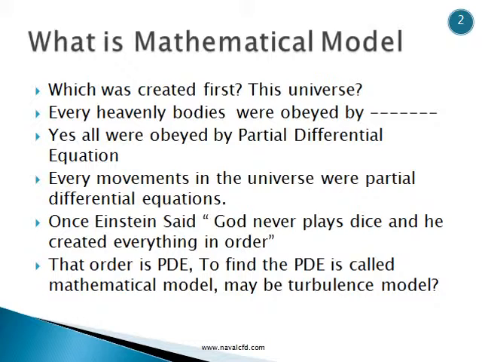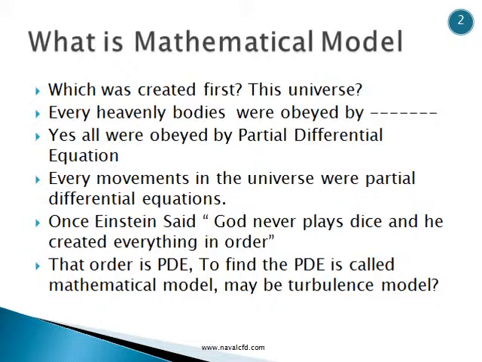To find the proper PDE is called a mathematical model. Take turbulence, for example. Actually, we have never learned completely the exact phenomenon of turbulence, how to codify it as a PDE. But still, we are able to solve around 80 or 90% of phenomena by solving some partial differential equations. Okay, now we got it.